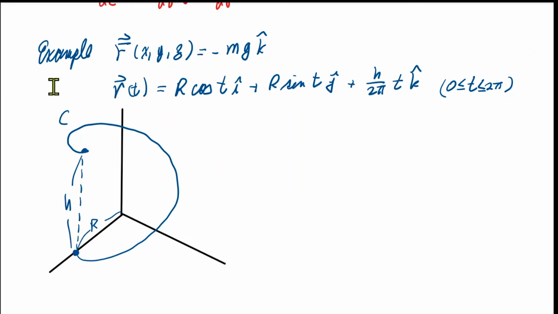If the field is doing the work, then this thing will come down. You know what I'm saying? So down here, your work, you have to decide on this thing. It's still going to be F dot dr. But do we want to throw that negative sign or not?